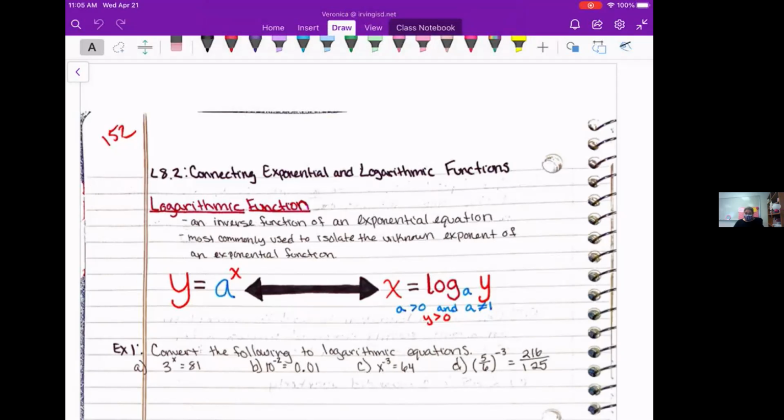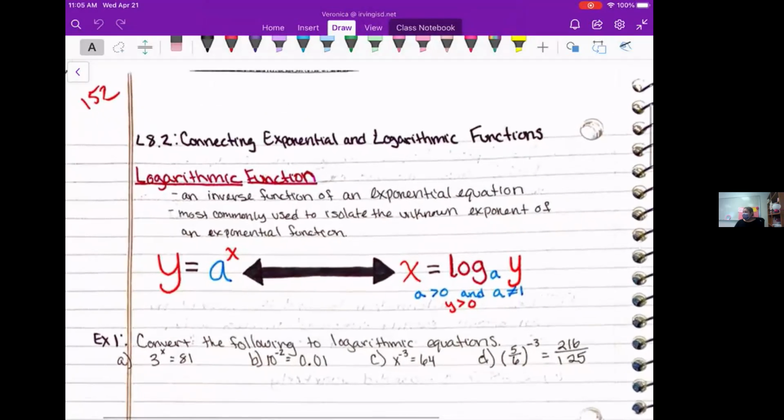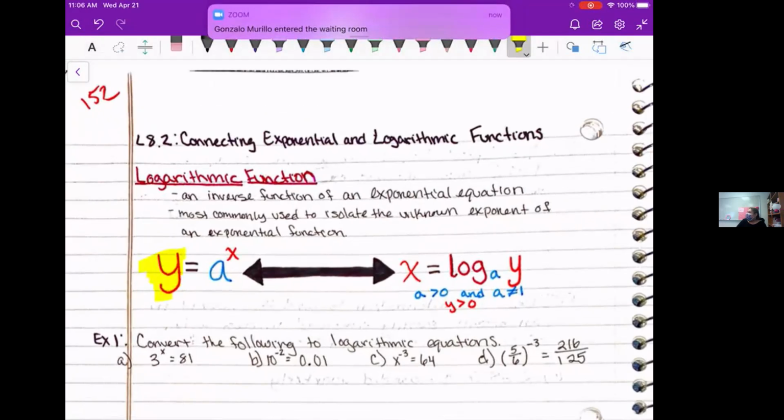I have a story that will hopefully help you remember where this goes. First, let's look at where it goes. You see that y? Here, let me highlight. Here's y. When you convert it to a log, where does the y go? The y is over here.